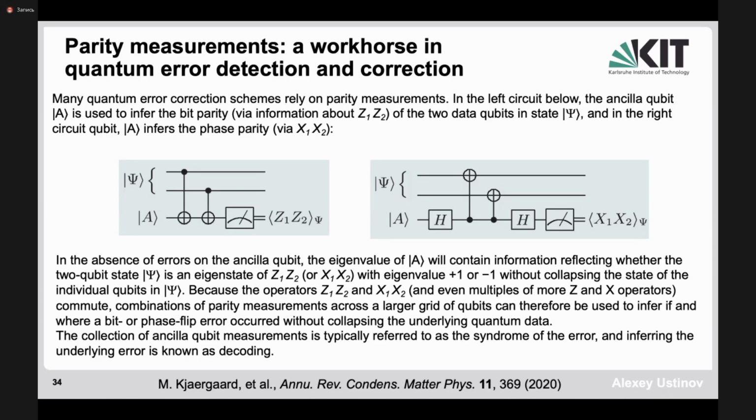Берется большое количество физических кубитов, которые заполняют, если угодно, шахматную доску. Белые клетки в этой шахматной доске являются физическими кубитами, а черные клетки являются так называемыми свидетелями. Их иногда еще называют анцилла. И эти свидетели используются для того, чтобы определять ошибки четности.